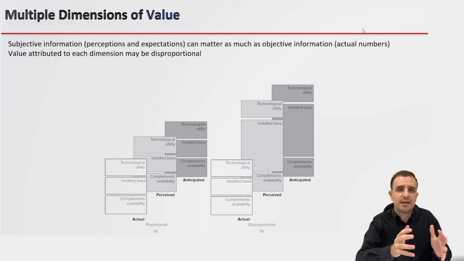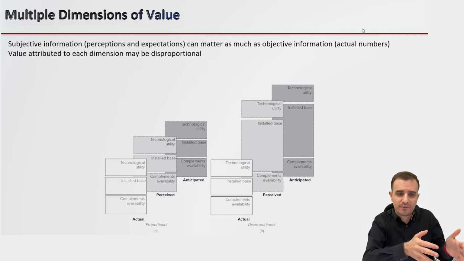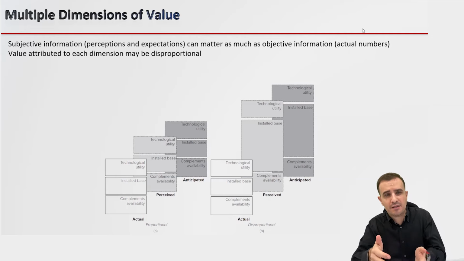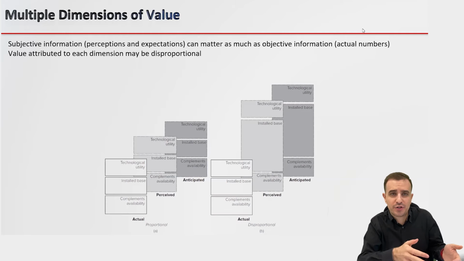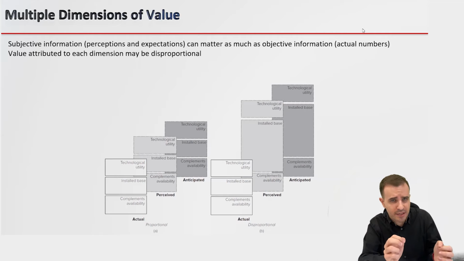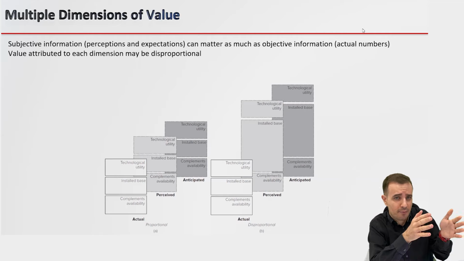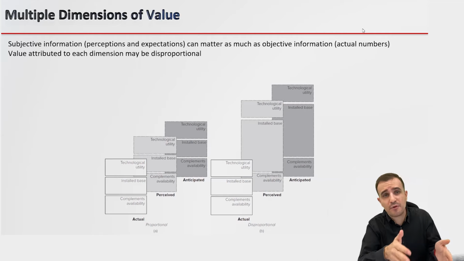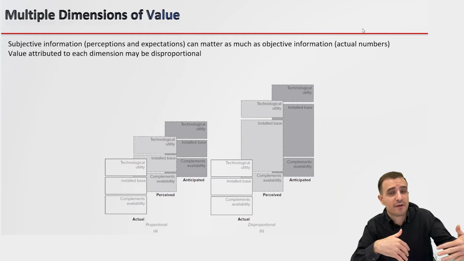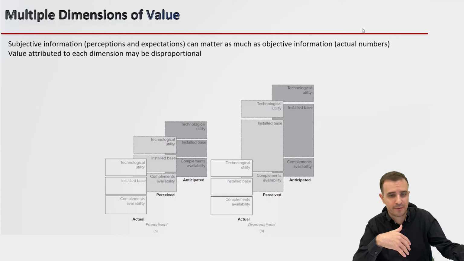One scenario is that the actual performances, perceived performances, and anticipated performances of a technology are all proportionate, meaning that there is no huge discrepancy between what a product actually delivers, what people think that this product delivers, and what they anticipate that the new generation will deliver.